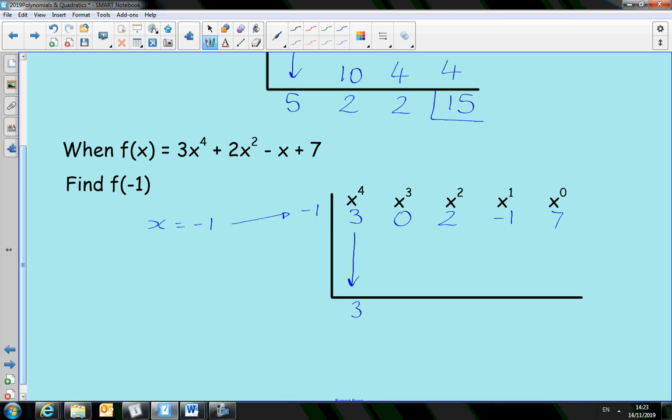Multiply that by -1 to get -3. Add 0 plus -3 is -3. -3 times -1, +3. Adding your 2 plus 3 is 5. 5 times -1 is -5. Adding them together is -6. Multiply that by -1 is +6. Add them together and your final answer is 13.